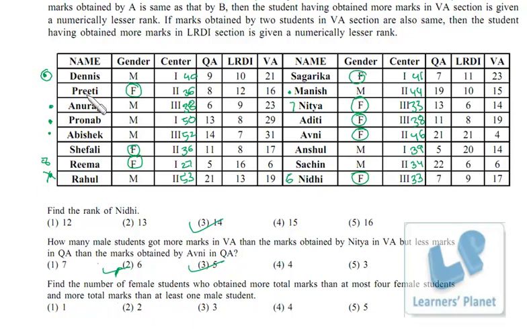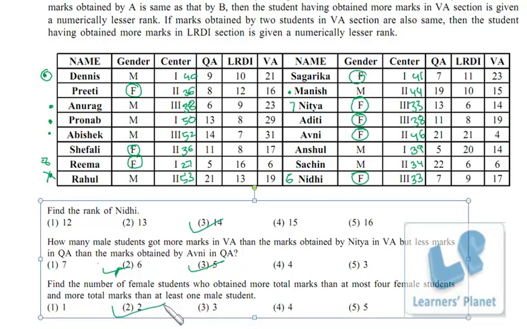So Preeti 36, Shefali 36, so we see at least 1 male student should be less than 36. So we have this Sachin 34. Okay, so at least 1 student we got, so no need to calculate further. So we have 2 female students, okay, who fulfill this criteria.